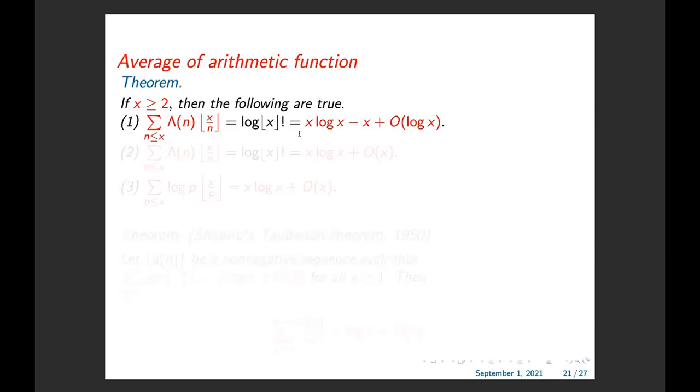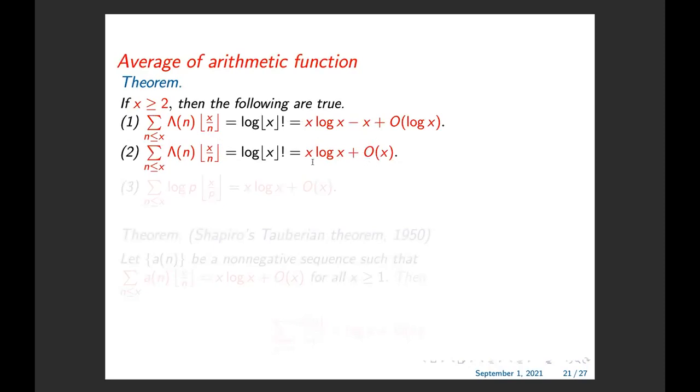And similarly, in the second case, these two are the same. Here we can estimate this part by x, because log of x is less than x. So we combine these two as big O of x.